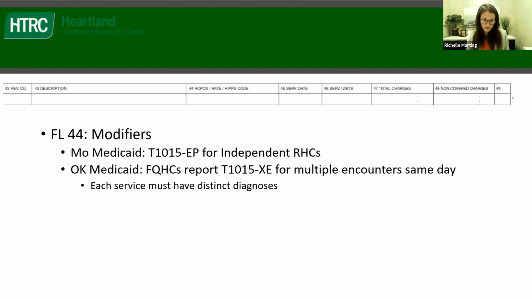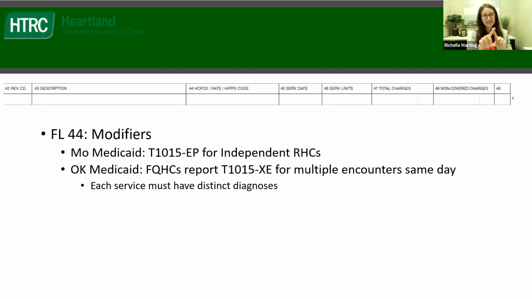And then Oklahoma Medicaid. If you're an FQHC and you have multiple encounters on the same day, so we'll try to summarize this again. For Medicare, the second encounter gets a 59 modifier. For Kansas Medicaid, if you're using different procedure codes between the encounters, the second encounter gets a modifier 25.